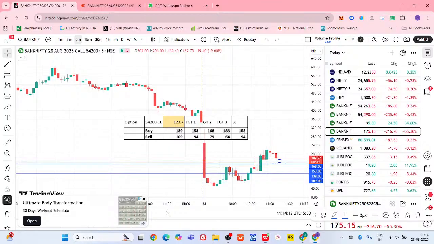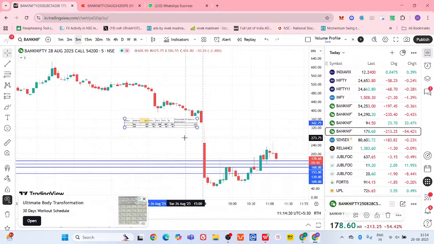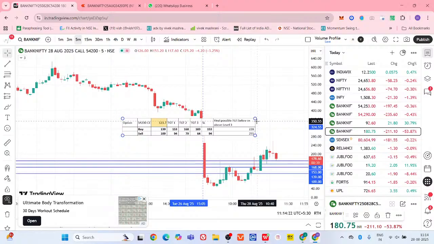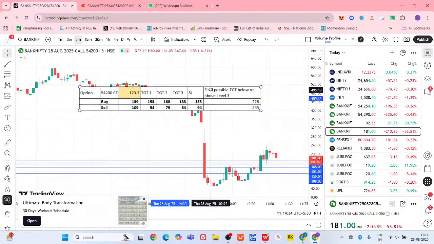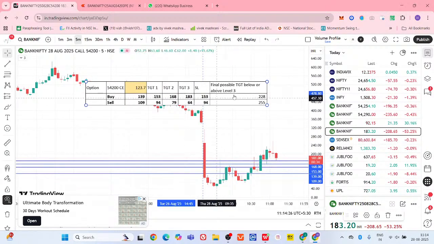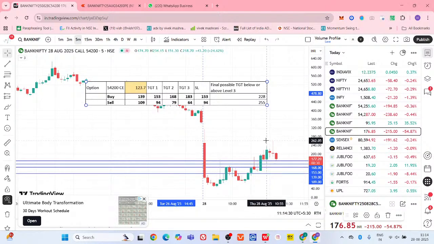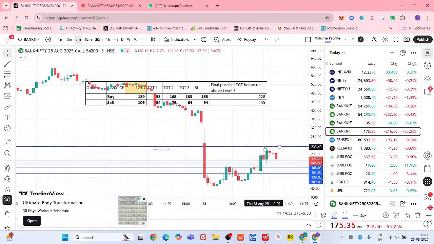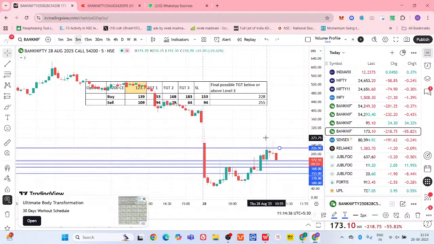Let me copy this and share. See what is the final target. If above this level, then the next jump will be direct to 28, is what I mentioned. Has it hit? Yes, it is hit. So even the final target will hit.